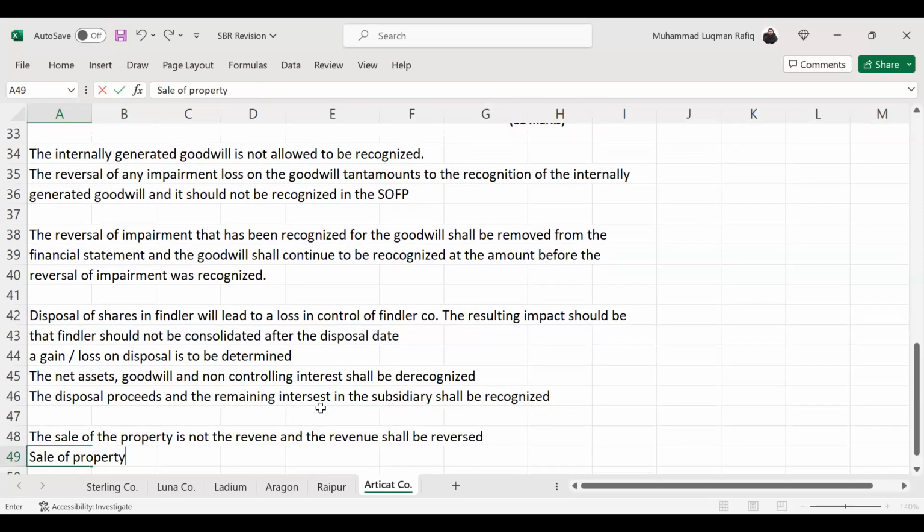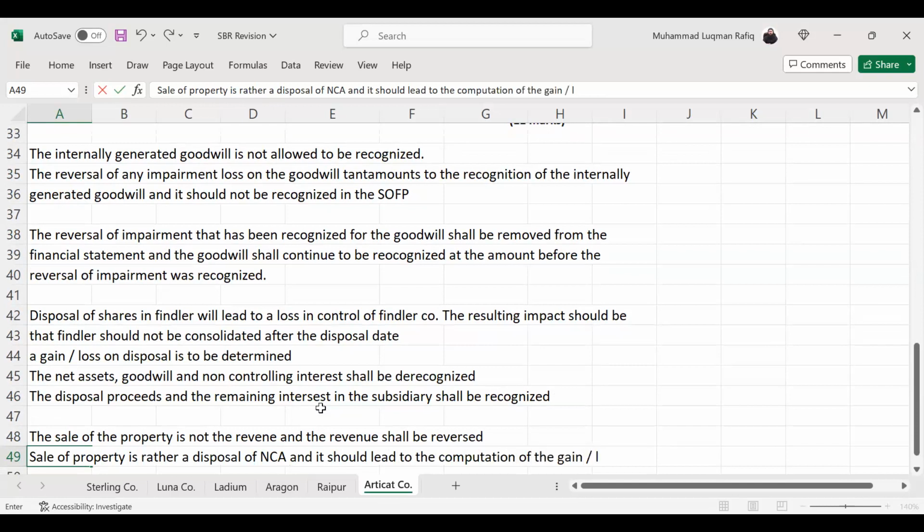Sale of property is rather a disposal of non-current asset, and it should lead to the computation of the gain/loss on disposal.